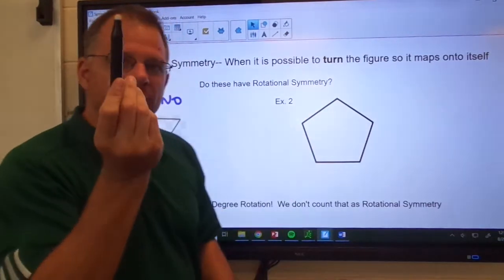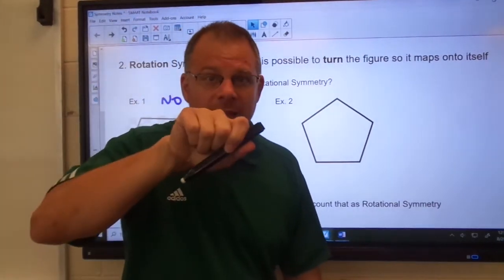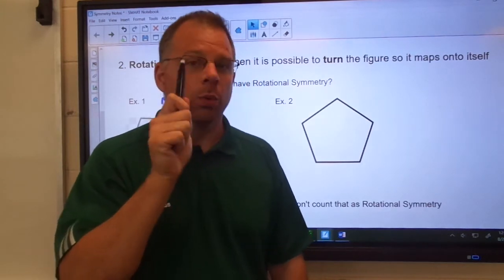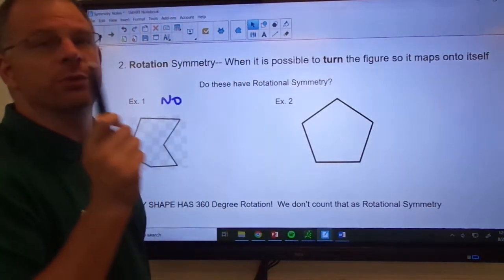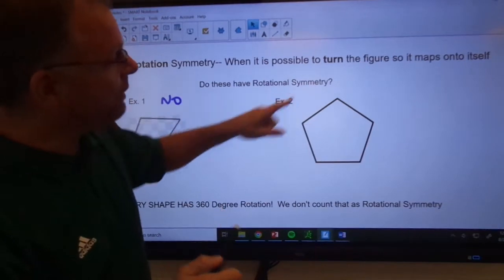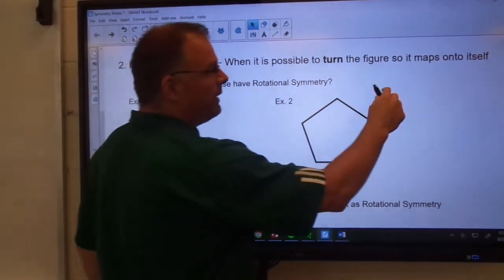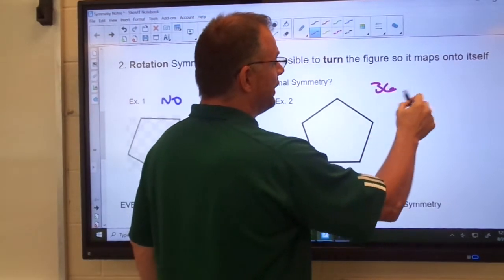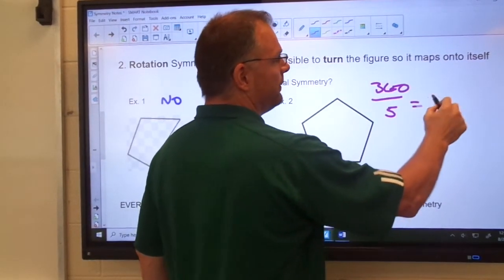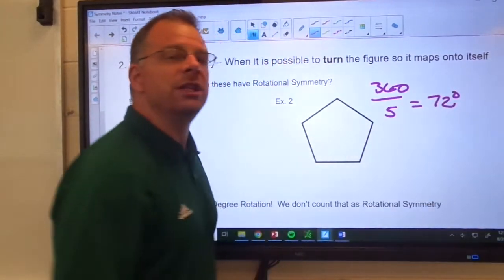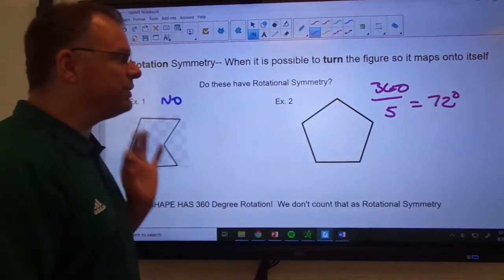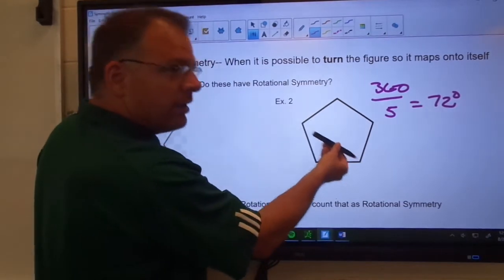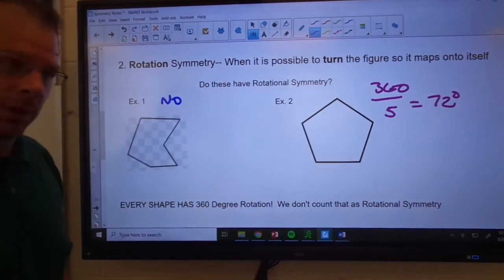Since we had to go 5 points, 1/5 of the way around would give us rotation symmetry. So we take the 360, the turn all the way around, and divide that by 5. We would say this has 72 degree rotation symmetry, because every 72 degrees, it looks the same as what we started with.